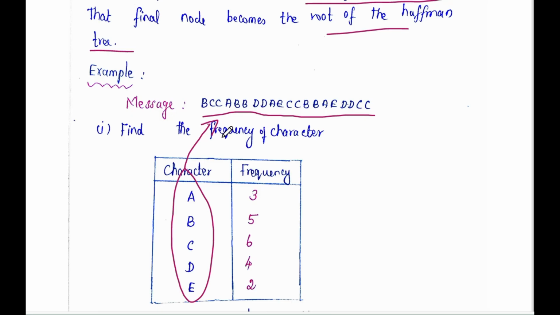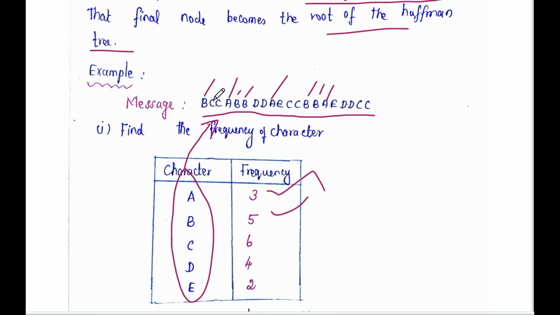Next, find the frequency. That means count the number of times the particular character appears in the message. A appears 3 times, so the frequency of A is 3. Then B: 1, 2, 3, 4, 5, 5 times.